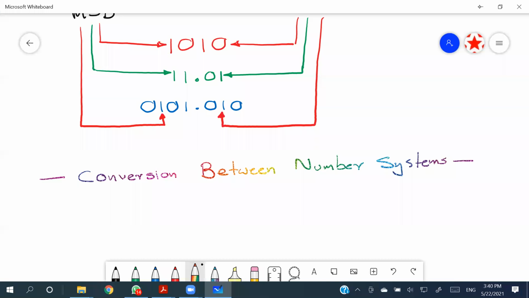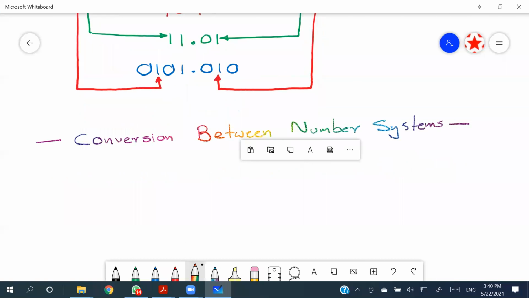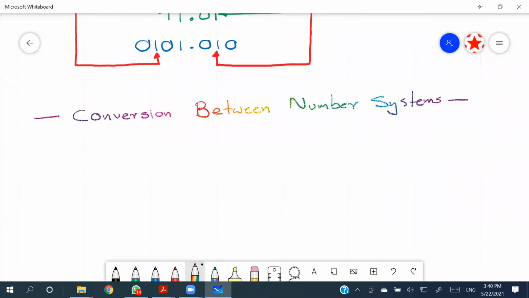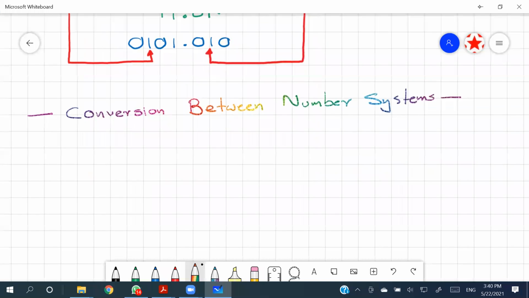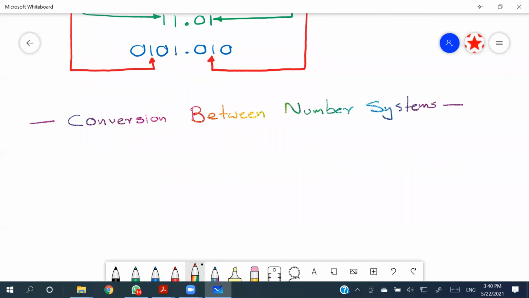Now hear me out. When it comes to the conversions, there are 4 types of conversions that we are going to do. What are these 4 types? The first type is converting decimal values into the non-decimal number system values.